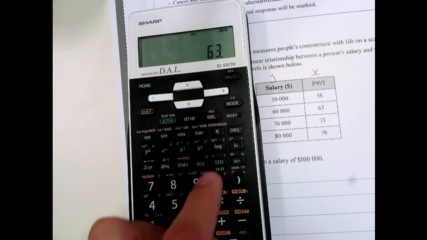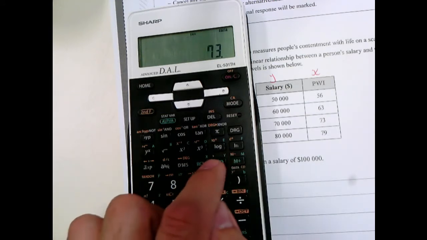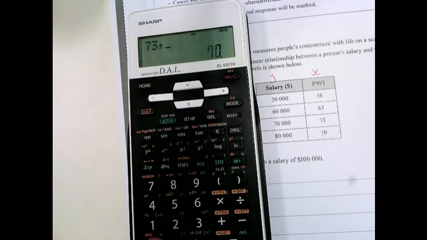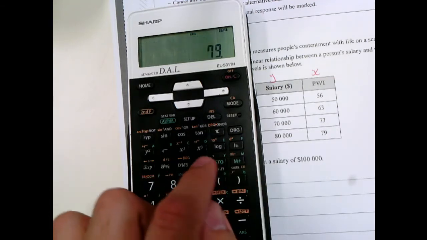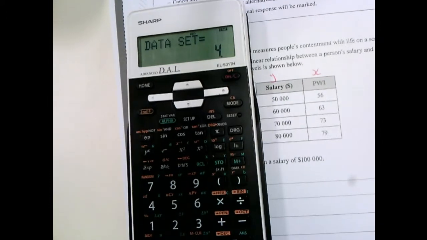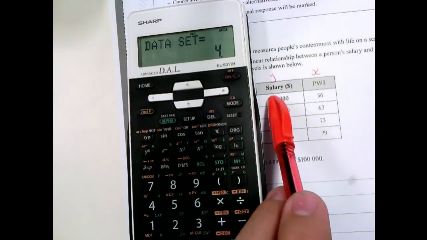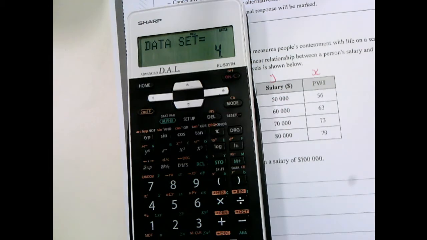Same thing for the next one, 63 comma 60,000, M+. 73, comma, 70,000, and 79, comma, 80,000, M+. So we can see the data set, there are 4 pieces of data. 1, 2, 3, 4. So now we're ready to perform our linear functions.